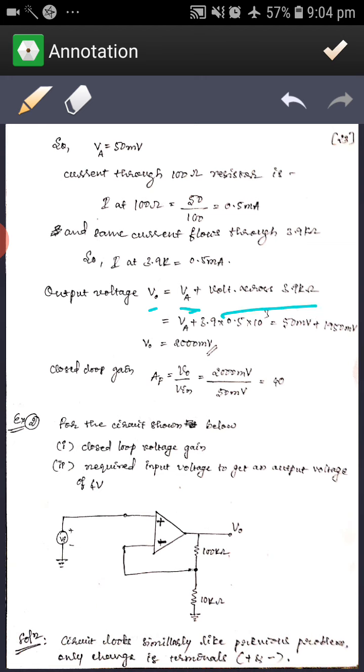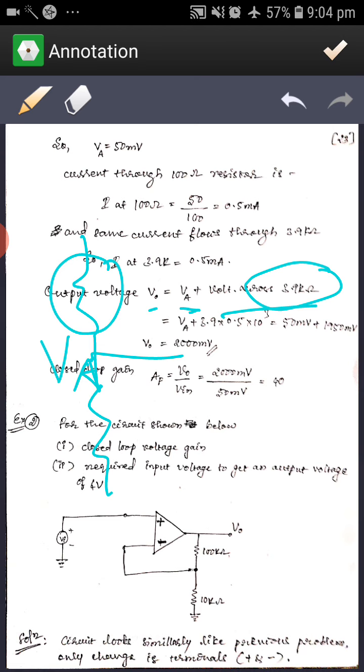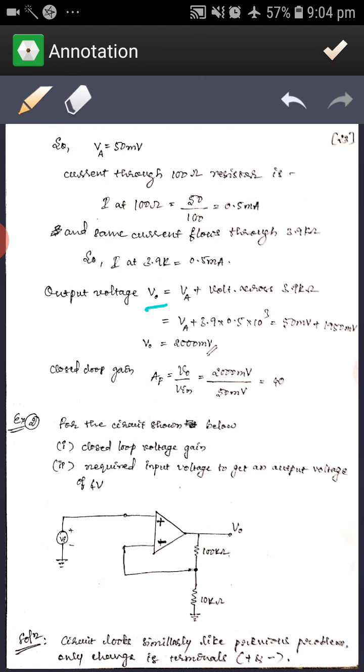Then the output voltage is nothing but the sum of Va plus the voltage across the 3.9k. If you see the circuit, the output is the summation of Va and the voltage across the 3.9k. If you sum both, we get the output.